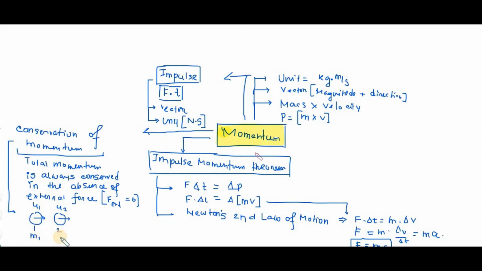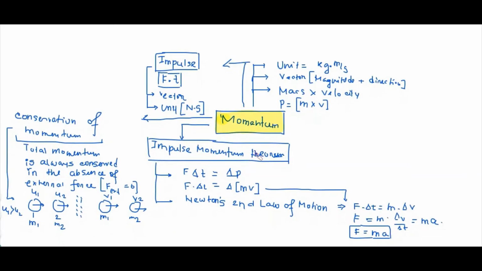The masses of the first and second objects are m1 and m2 respectively, and we are considering that u1 is greater than u2. They are moving along the same direction. In that case, they will have a collision, and after the collision they will have velocities, let's say v1 and v2. The masses will always be conserved, so m1 and m2 will remain the same.